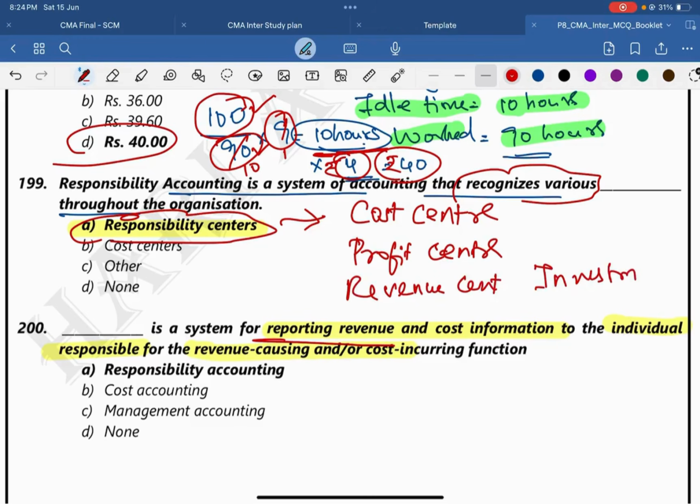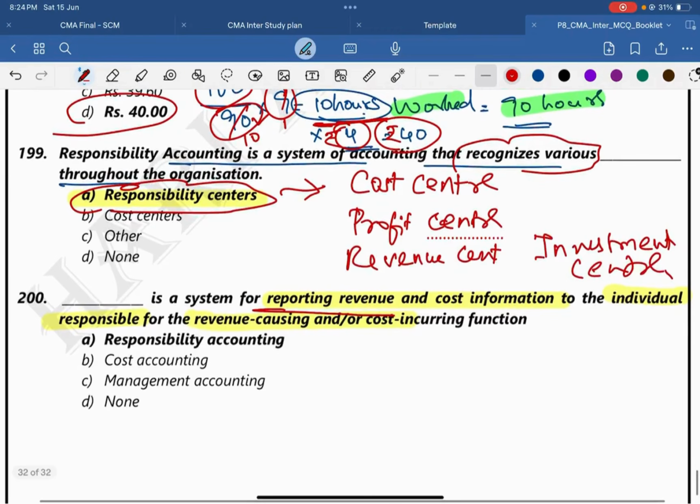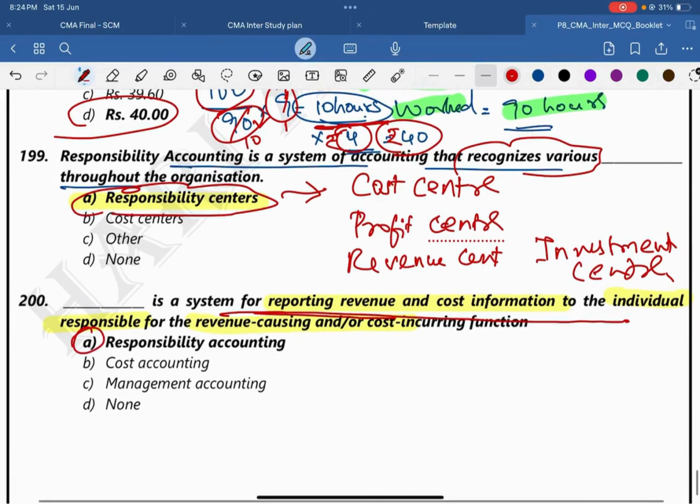So these are the 4 responsibility centers. They may test you in the R1 also. That is a system of reporting revenue and cost information to the individual responsible for the revenue causing and or cost incurring function. That is known as responsibility accounting.